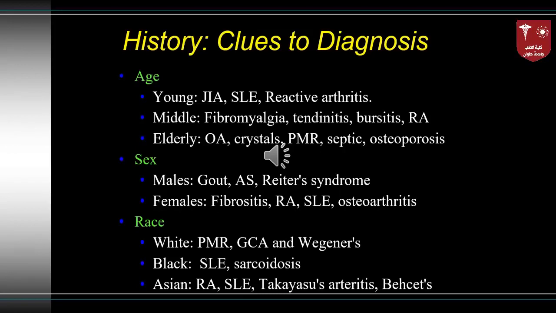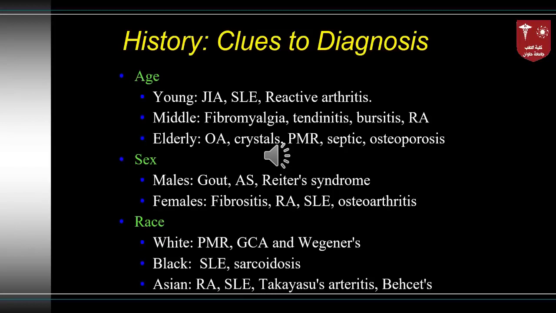If we have an old patient, we have to think about osteoarthritis, which is partially degenerative, partially inflammatory arthritis. And of course some rheumatic diseases are common in females like rheumatoid arthritis and lupus, and some are common in males like ankylosing spondylitis.